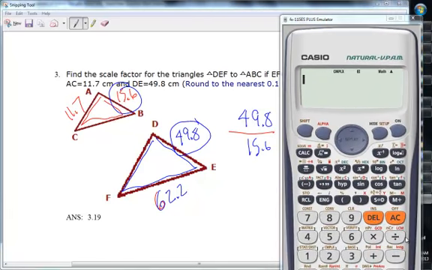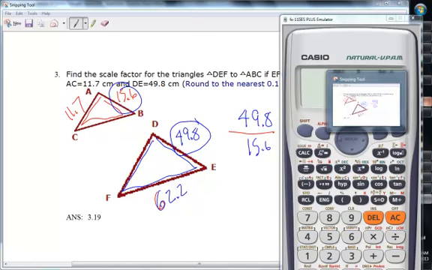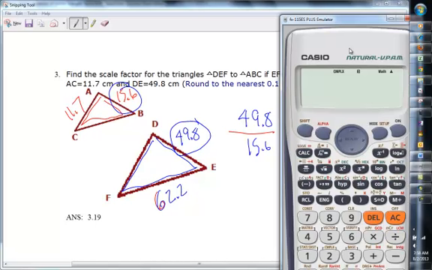So we've got the corresponding parts written out. Now we just need to press the buttons. 49.8 is the numerator. Denominator is 15.6. And we get 3.19. I think I'm going to have you round to the nearest one decimal.